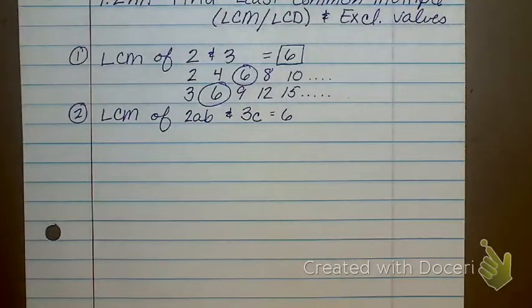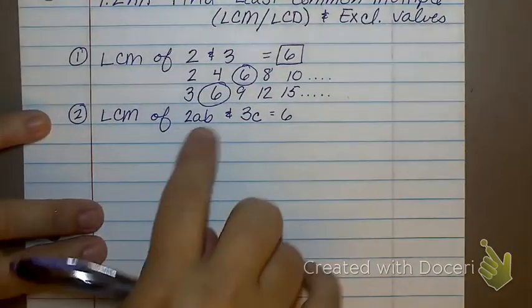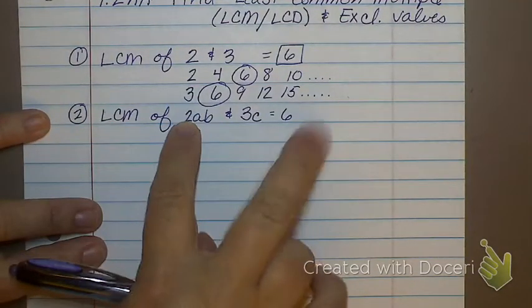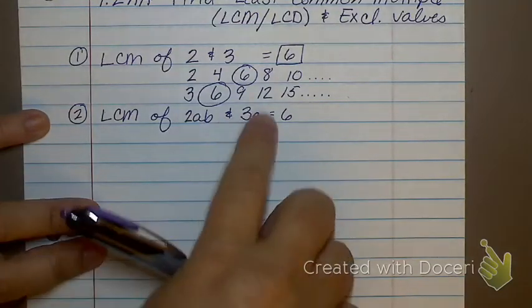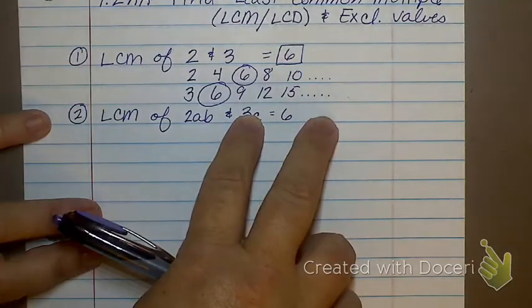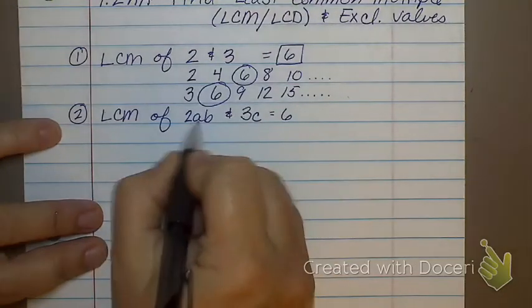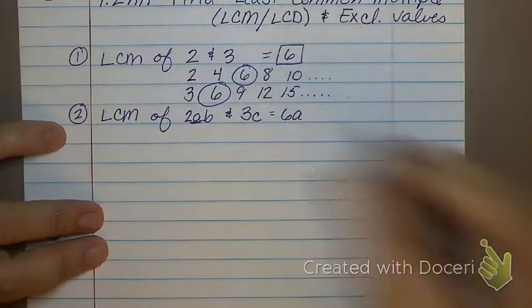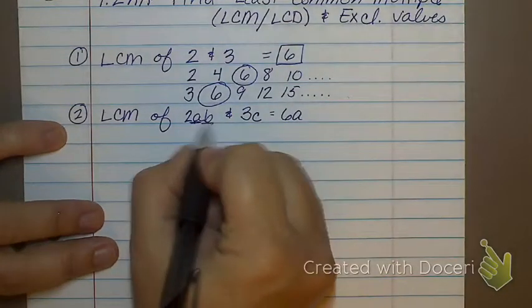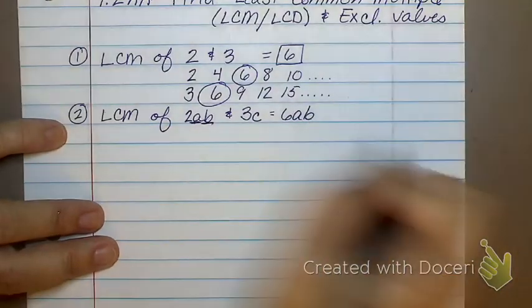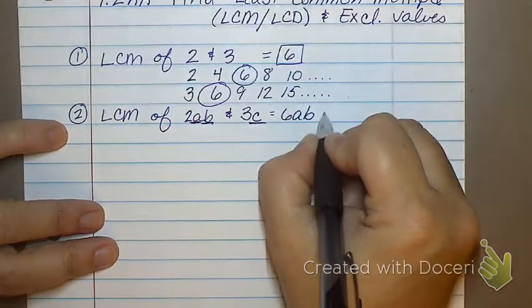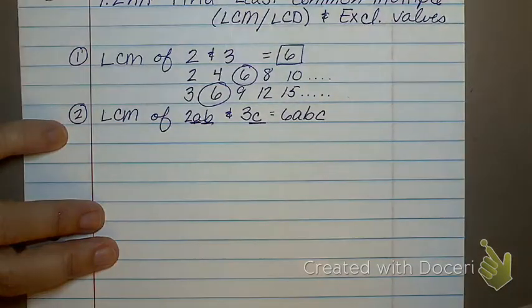You're including all of them. In other words, I need to see every part of this in my LCM and every part of this in my LCM. So if there's an A anywhere, there must be an A here. If there's a B anywhere, there must be a B here. And if there's a C here, there must be a C over here. Does that kind of make sense?